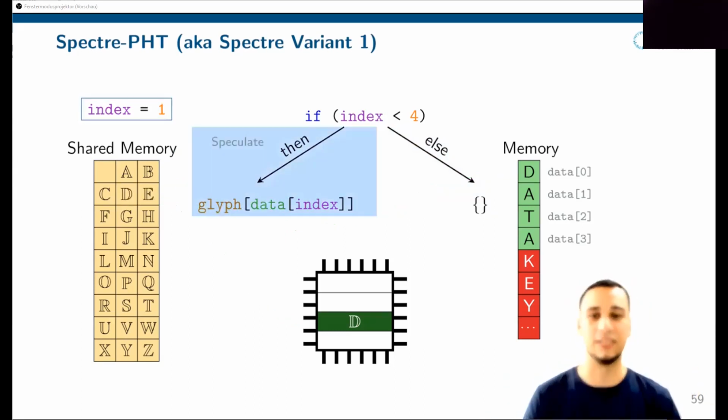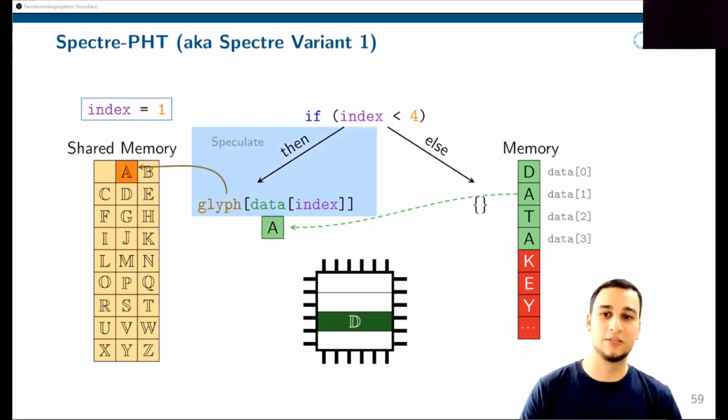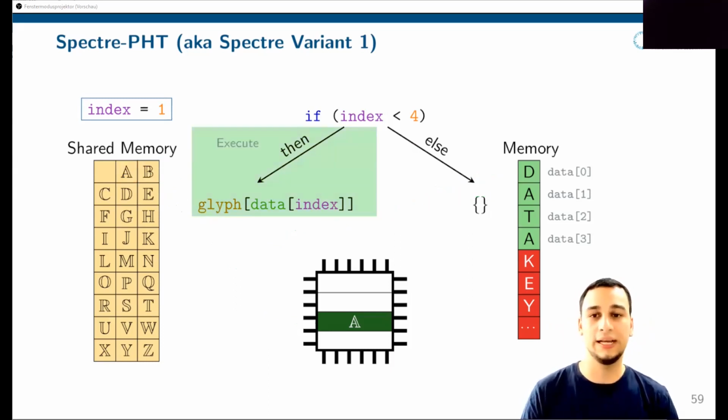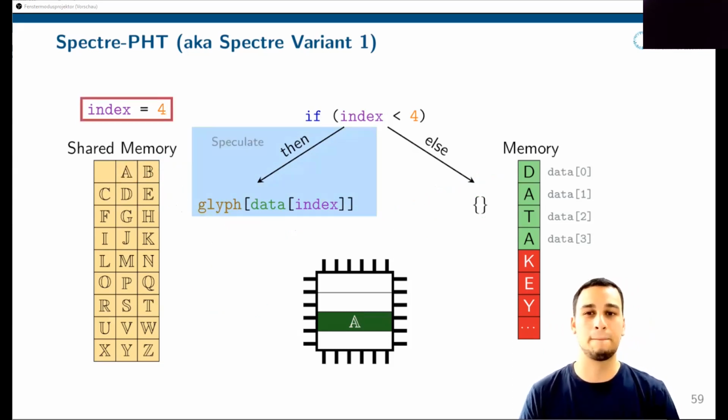Then we provide index 1. It speculates it was true before, so it must be true again. It speculatively does all the things, accesses the memory, accesses the shared memory depending on this value, caches that, and it learns when resolving the condition that the speculation was correct, perfect, nothing to do anymore. Index 2, the same. Index 3, the same.